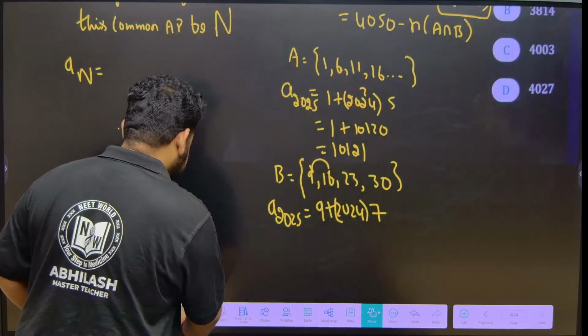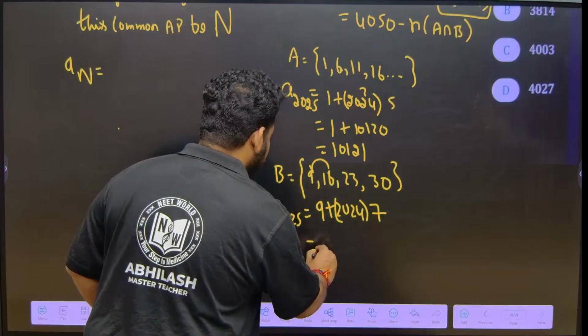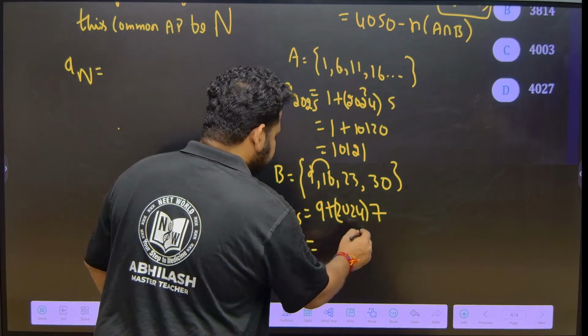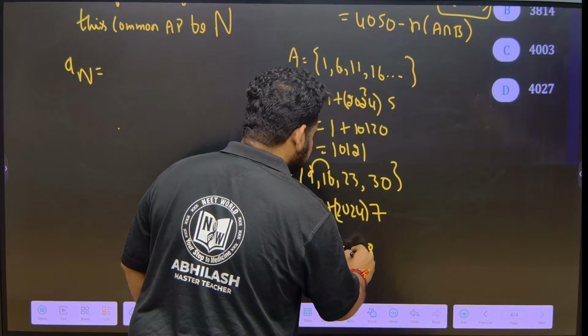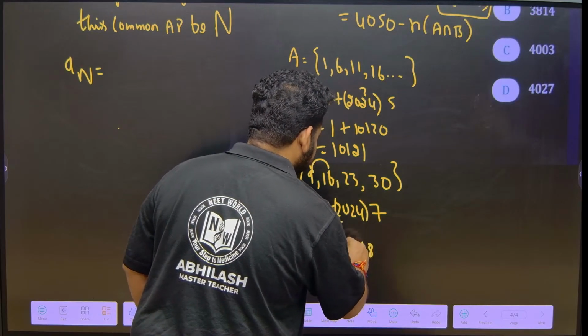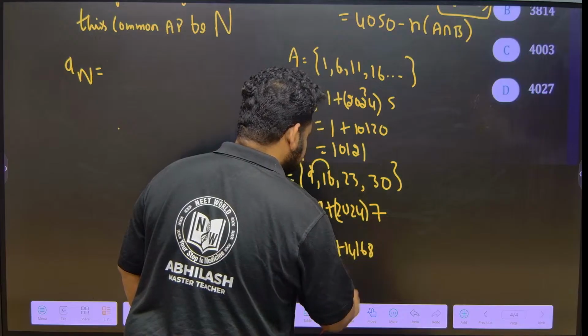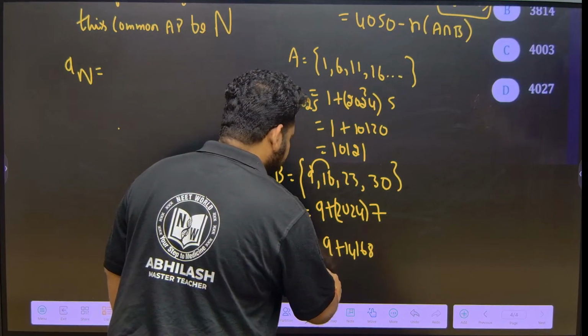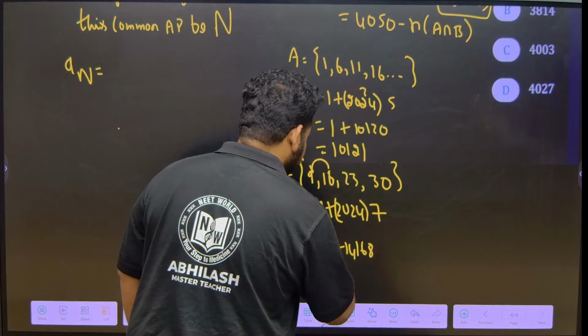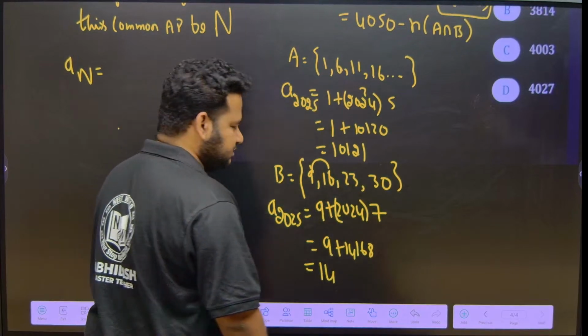So A2025 is 9 plus 7 times 2024, which is 14168, plus 9, that gives us 14177.